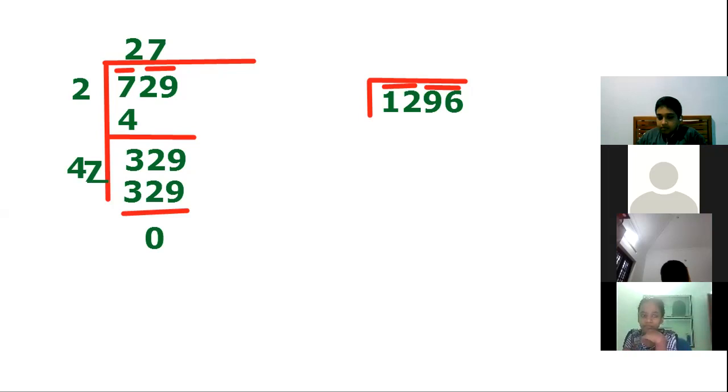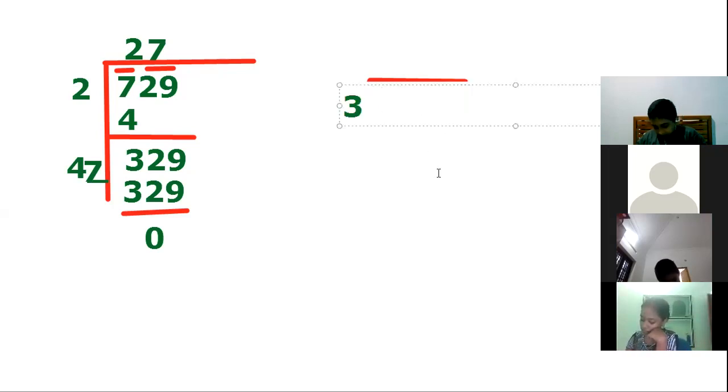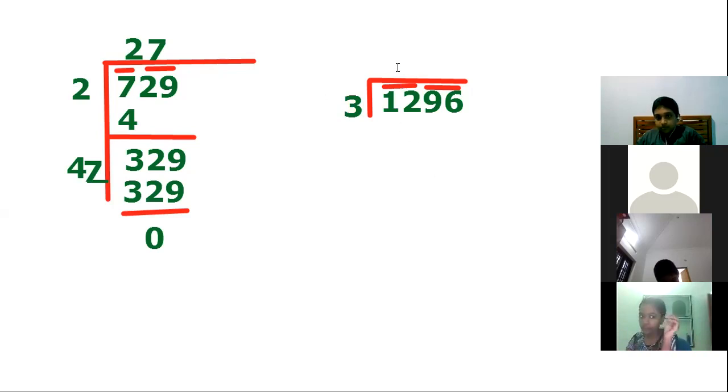Then what do we have to write here? Here we have to write 3. And what about at the top? We have to write the same 3 here instead of 4. We know 4 into 3 is 12 itself. But here we have chosen the number 3, so we have to choose the same number 3 here.